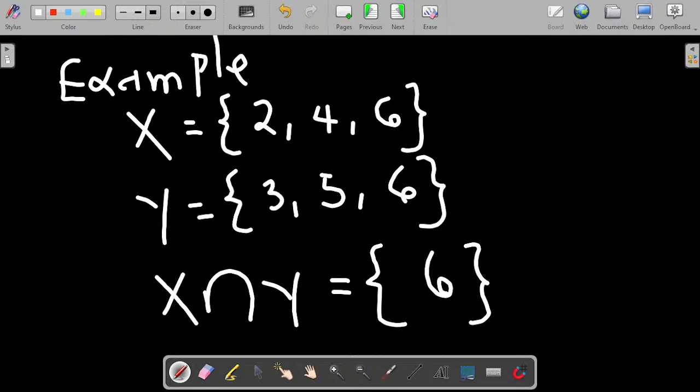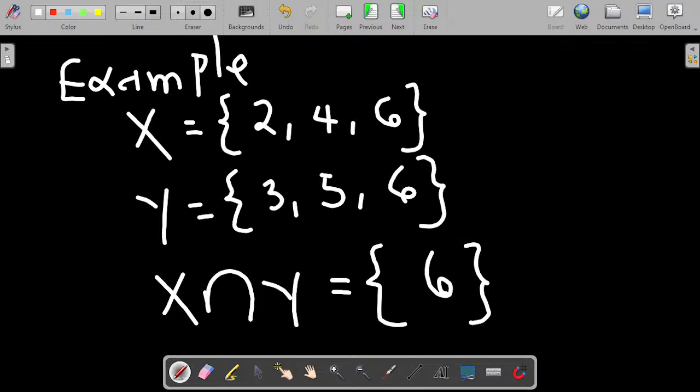It's only when you are asked. Yeah, it's a singleton set because it's just one element, right? They can ask you a question like that. Yes, okay. So write it.